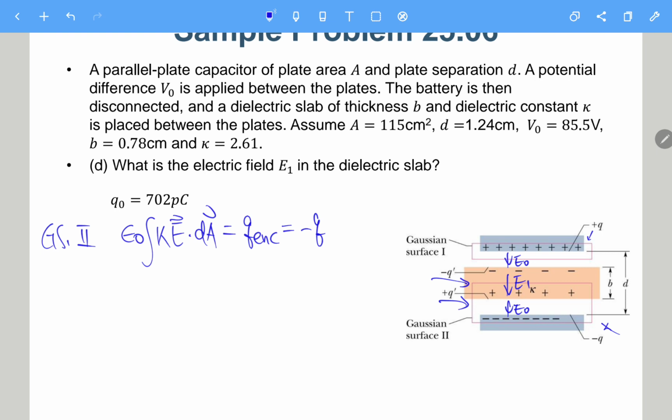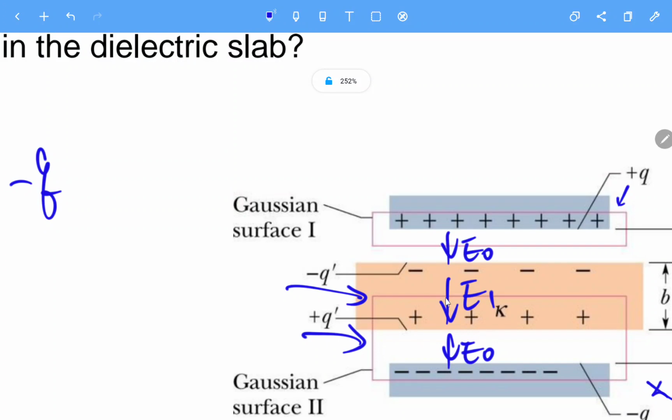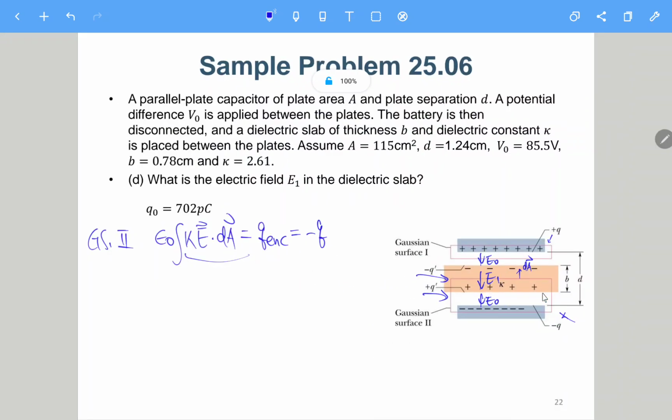Here we explain it. This is E1, and if you consider dA pointing outward, dA should be pointing upward for the top surface, which means that E1 and dA point in opposite directions. Then there will be a minus sign.